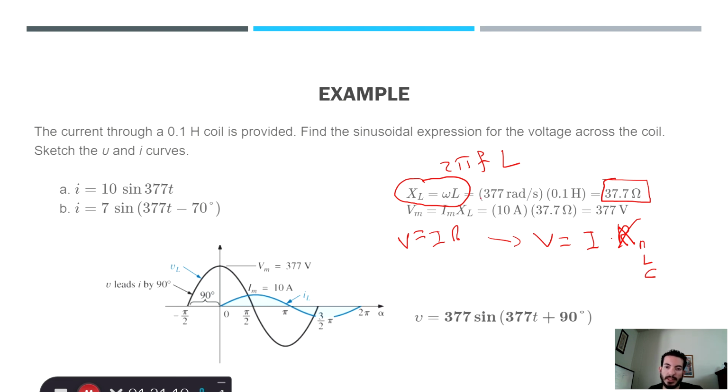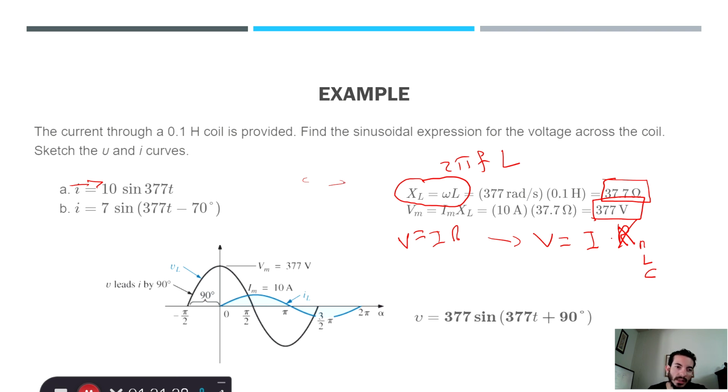In this case, we want to find the voltage because they gave us the current. The voltage is going to be the current amplitude, which in example A is 10, times the reactance, 37.7. So in this particular case, the voltage is 377 volts.